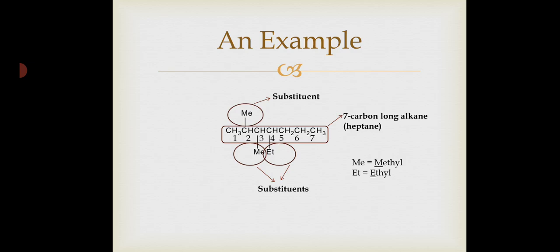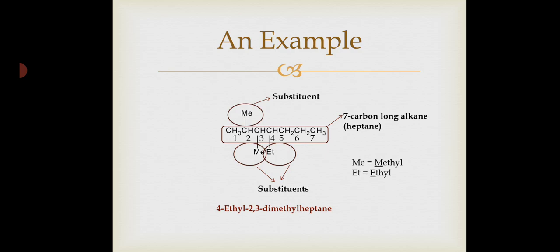Therefore, what is the IUPAC name of this compound? The IUPAC name of this compound is 4-ethyl-2,3-dimethylheptane. Note that the d of di didn't get preference over the e of ethyl because the prefixes di, tri, tetra, etc. are not considered while writing the names of the alkyl chains.